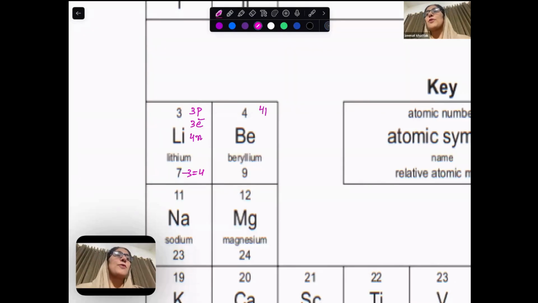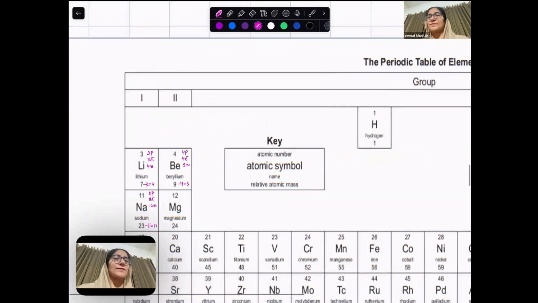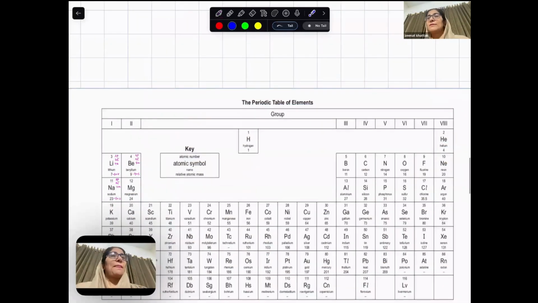There are 4 protons, there are 4 electrons, 9 minus 4 is 5 neutrons. 11 protons, 11 electrons, 23 minus 11 is 12 neutrons, right? So listen, you can do it for any element.